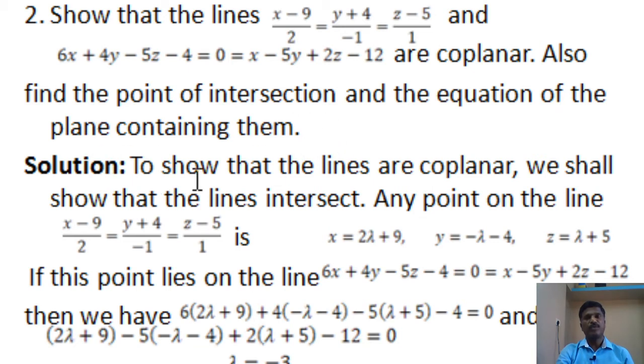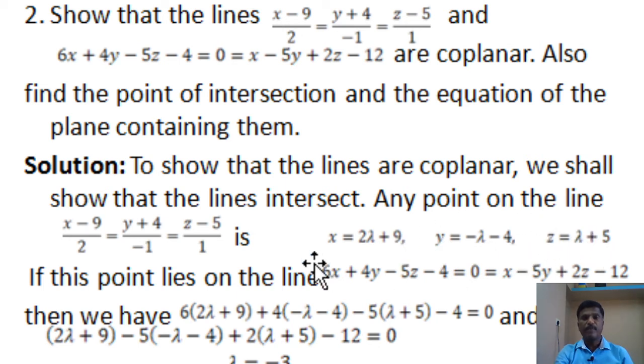Solution: to show that the lines are coplanar, we shall show that the lines intersect. Any point on the line (x minus 9)/2 = (y plus 4)/minus 1 = (z minus 5)/1 is x equal to 2 lambda plus 9, y equal to minus lambda minus 4, z equal to lambda plus 5.